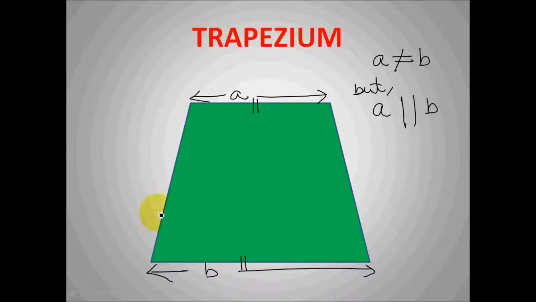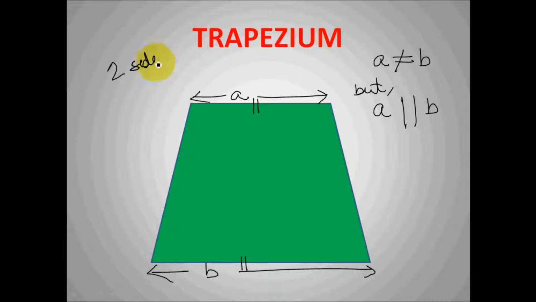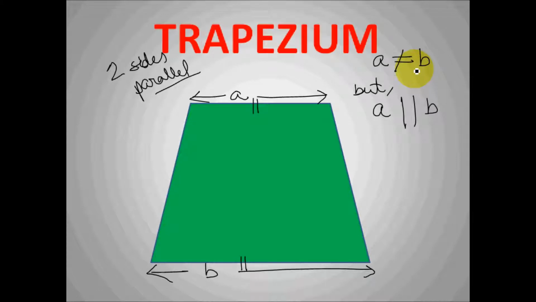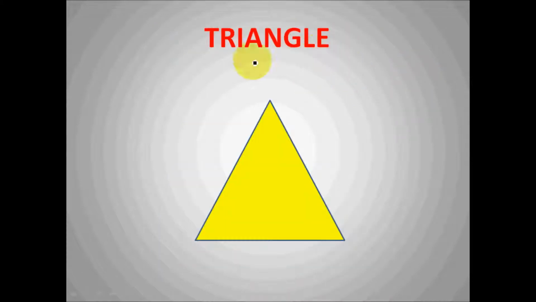So A is parallel to B. So when A is parallel to B, this is called trapezium. Two sides parallel, then it's called trapezium.